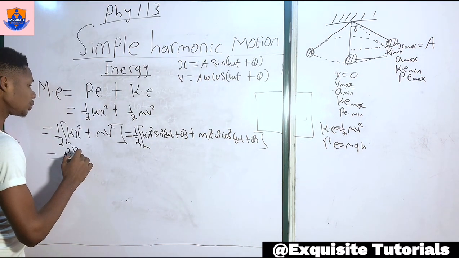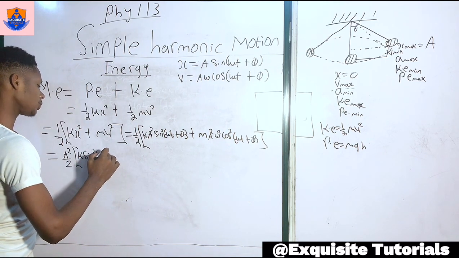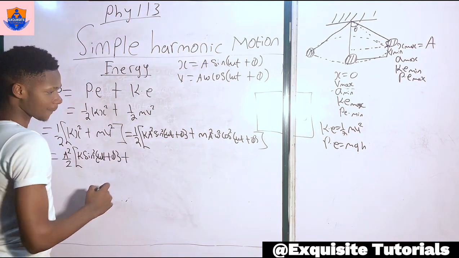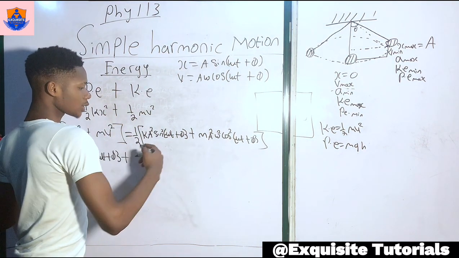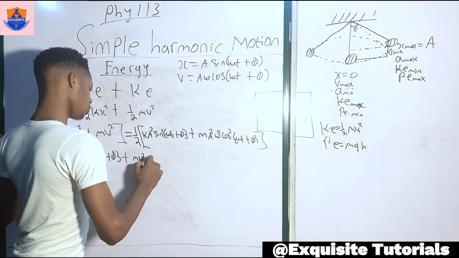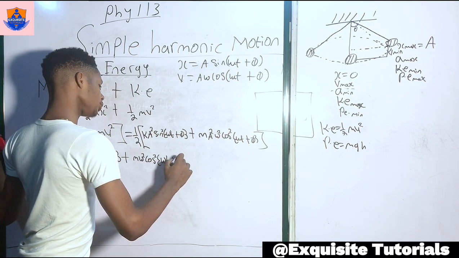And then we're left with k sin squared(ωt + φ) plus, having factored out a squared, mω squared cos squared(ωt + φ).